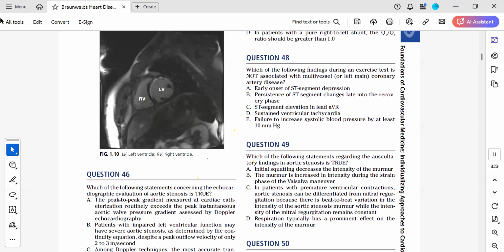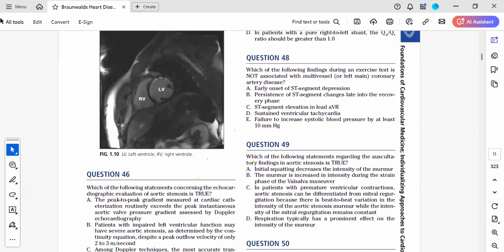The way I understand it, the forward flow is not sufficient because of that premature ventricular beat. So the beat-to-beat variability will be more apparent in the flow across the aortic valve, unlike in the mitral valve. It would not really affect the mitral regurgitation murmur, unlike how it will affect the aortic stenosis murmur. So this option C is true.